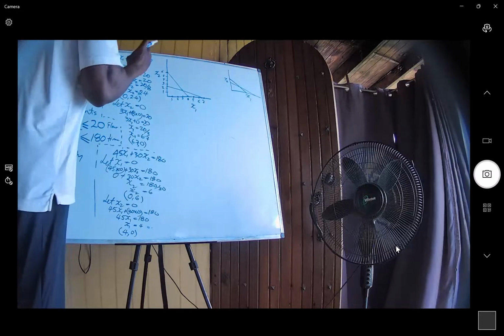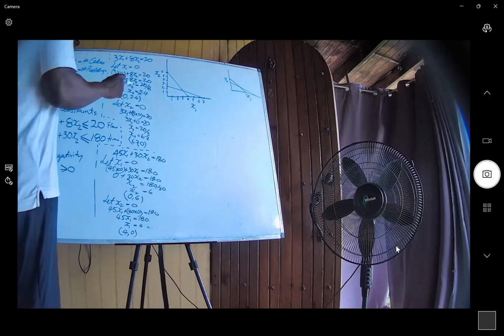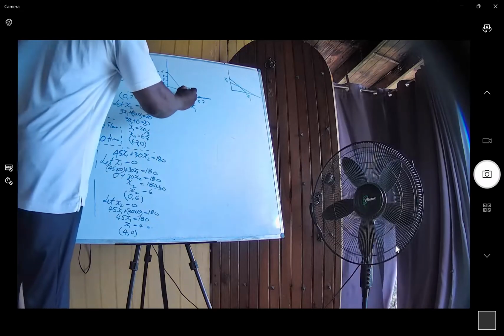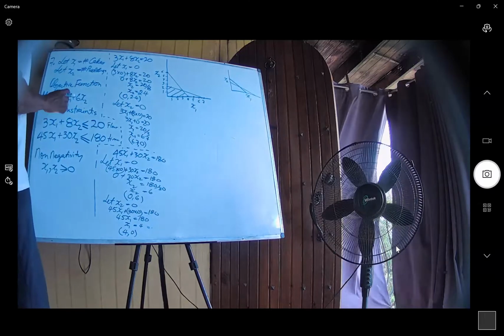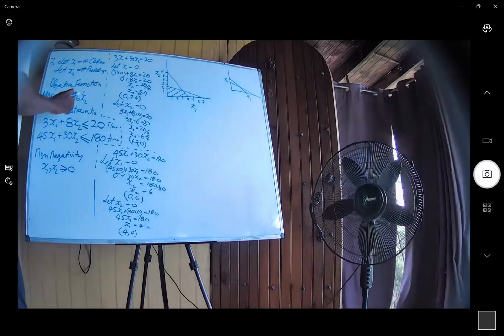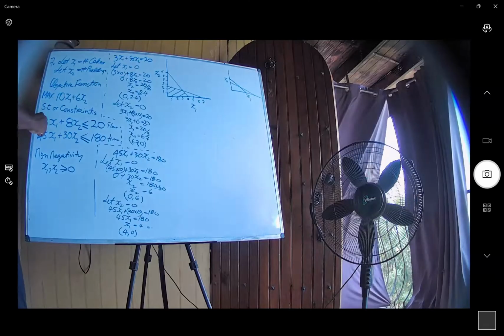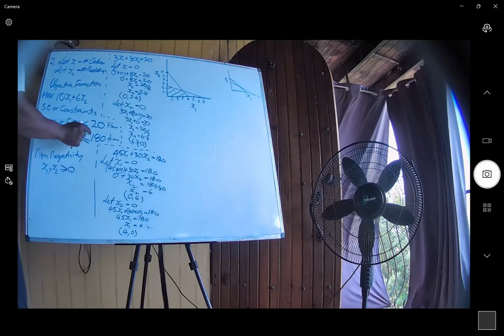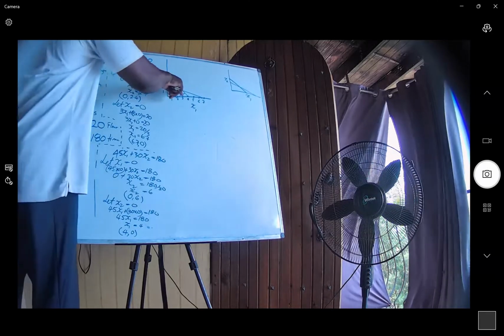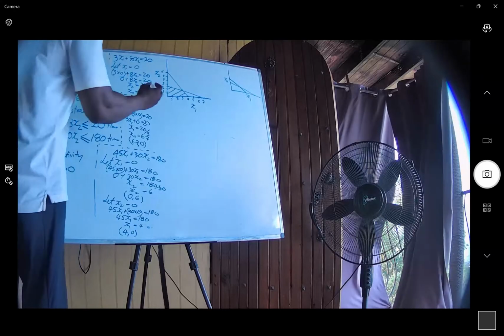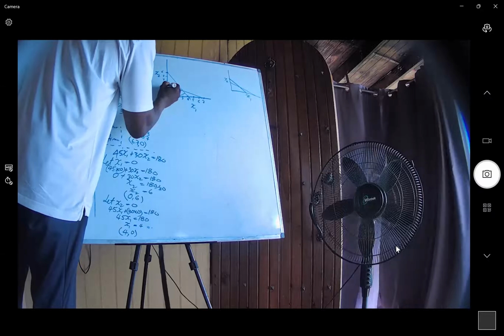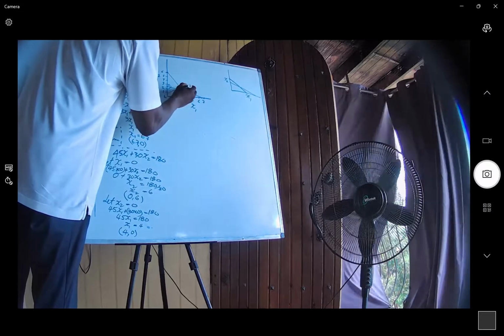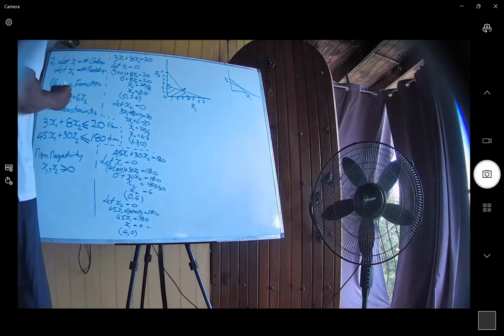My feasible region, just like the problem before, it's going to be here. You need to know to find the feasible region, because if you don't, you're going to get the graph wrong, and your corner points are going to be wrong. So it has to conform to these two. It's less than, so it's that, right? So my corner points are going to be here, A, B, C, and D.